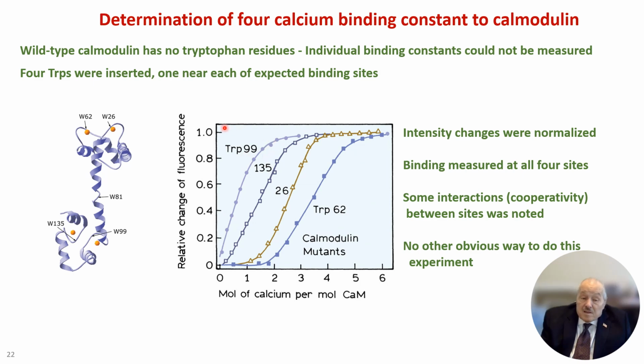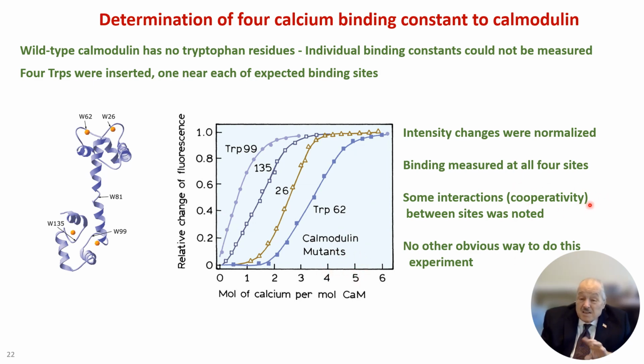So these investigators inserted tryptophan residues into the calmodulin, one near each of the expected binding sites. And lo and behold, they could discern the different binding constants for each of the binding sites by using these calmodulin mutants.